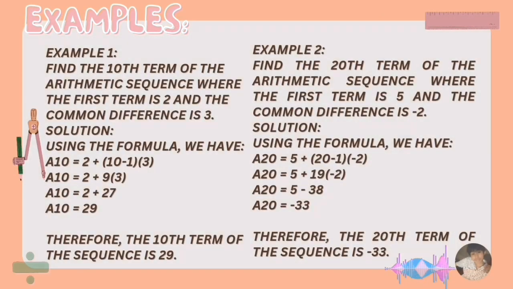So for our examples, example number 1. Find the 10th term of the arithmetic sequence where the first term is 2 and the common difference is 3.